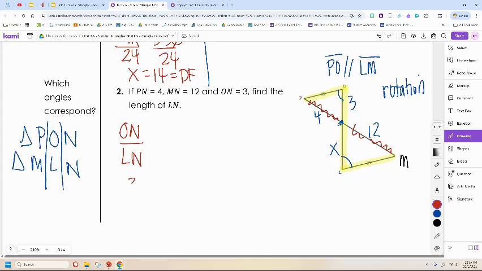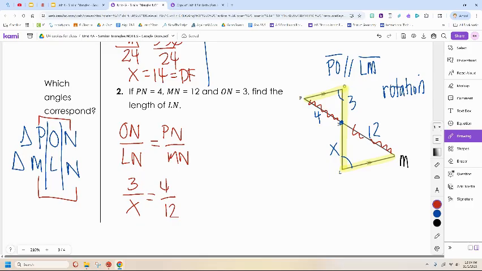So that's 3 over X. And then if I use this, do you see how I go PN? So PN corresponds with MN. And that gives me 4 over 12.